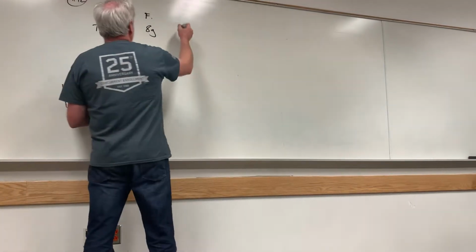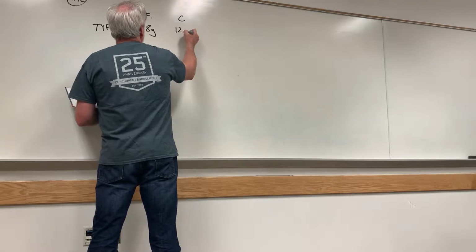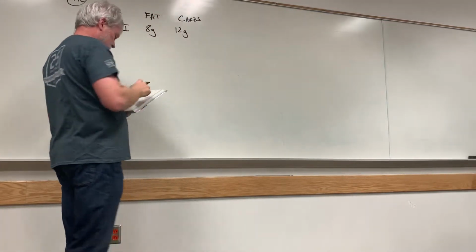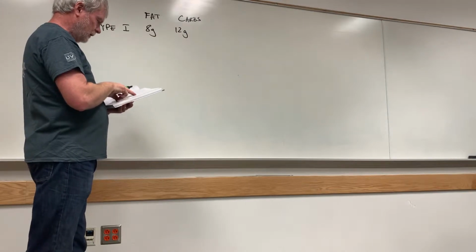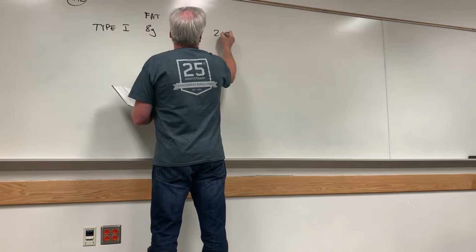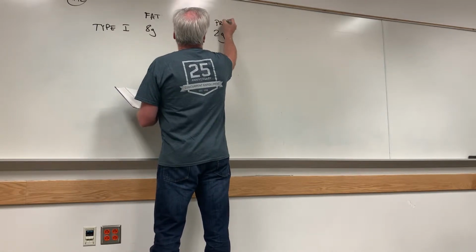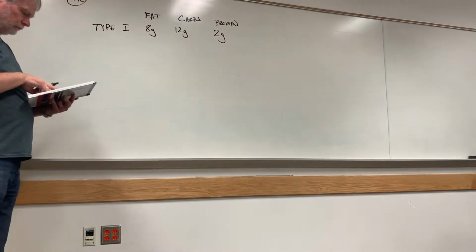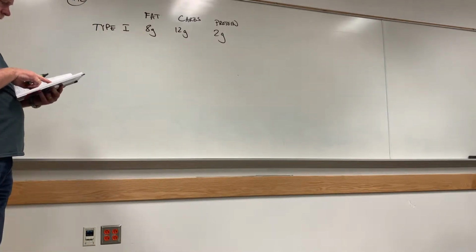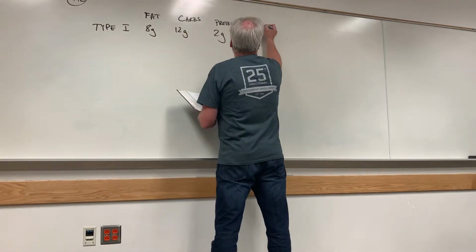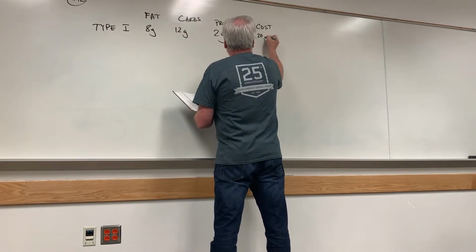12 grams of carbohydrates, and 2 grams of protein. Per ounce. Type 1 costs 20 cents per ounce.